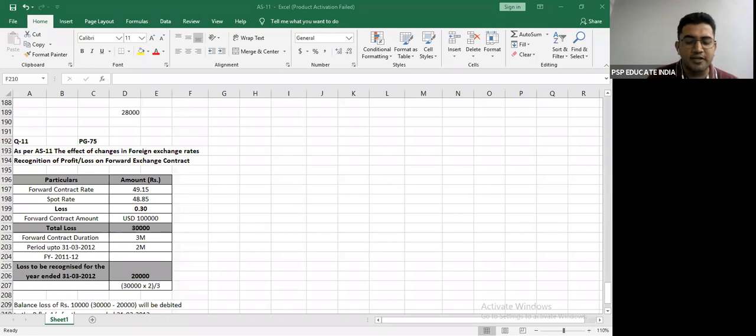Why do we usually do a forward contract? I explained this to you. In one sentence, why do we enter into a forward contract?